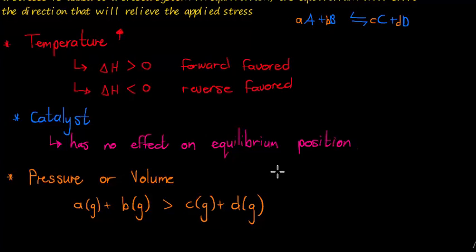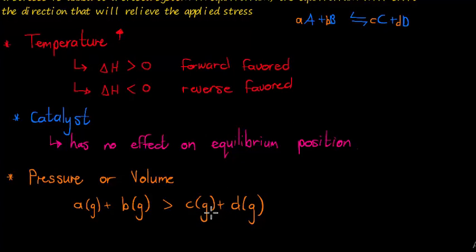Okay, but if this is a gas, then I'll take the coefficient, and if that is a gas, I'll take the coefficient. But basically what I'm doing, I'm adding up all the coefficients of gas reactants. And if I have a gas, then I'll add the coefficient, and I'll do the same on the other side.